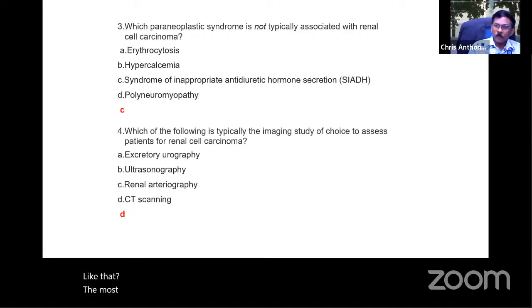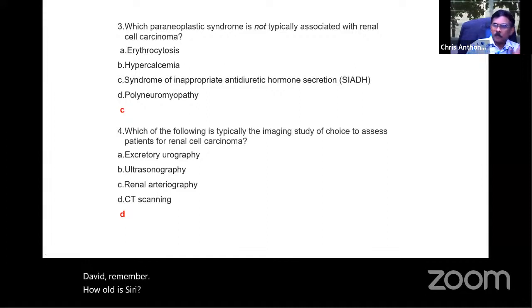Nowadays, as I told you, the 3 examinations that you want to do are a KUB X-ray, KUB ultrasound, and CT scan. CT scan can also be used for biopsy, CT scan guided renal biopsy, percutaneous biopsy. So that is very important.